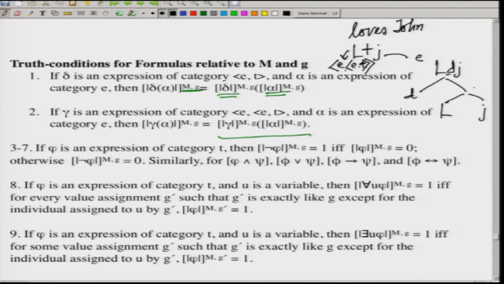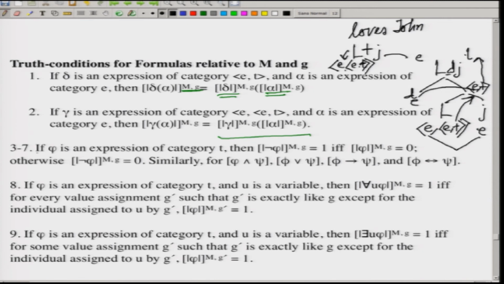The types will be like this: e, then e to t, then e, and finally t. Look at this operation everywhere: the first elements are the same, and the second element goes out. Once again the first elements are the same, the second element goes out. This is how it is constructed.